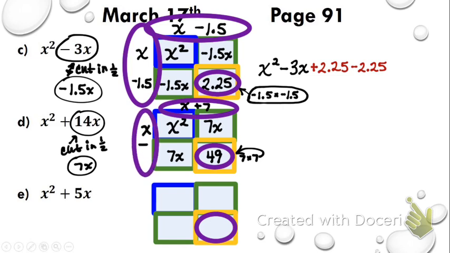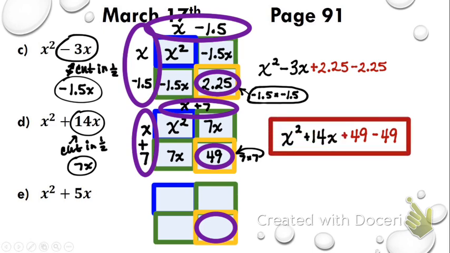Because remember, we're building squares here. All right, so I already had the x squared. I already had the 14x. Add 49, that's what I need to borrow to finish this square that I just built. But they weren't just nice and generous and gave it to me. I had to borrow it, so I have to pay it back again.